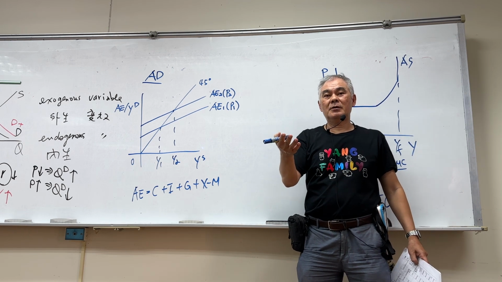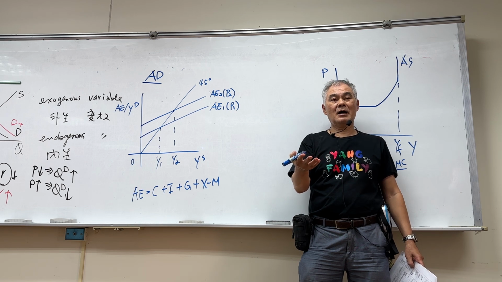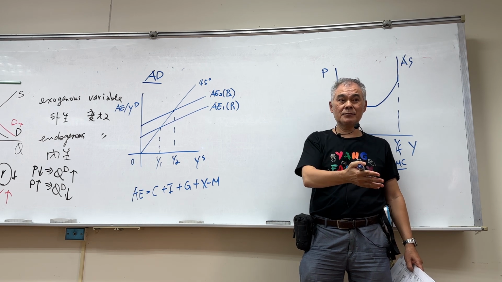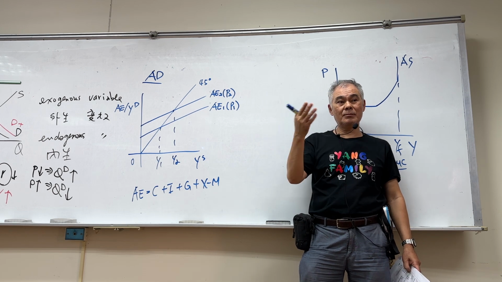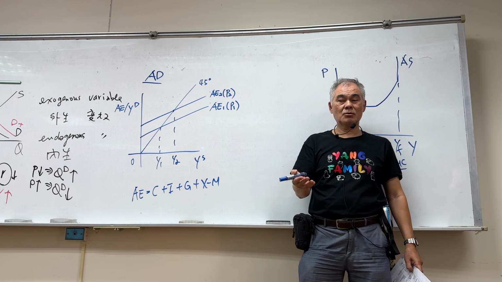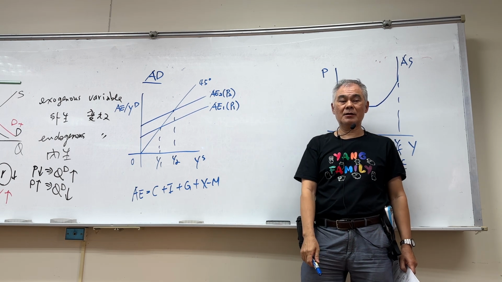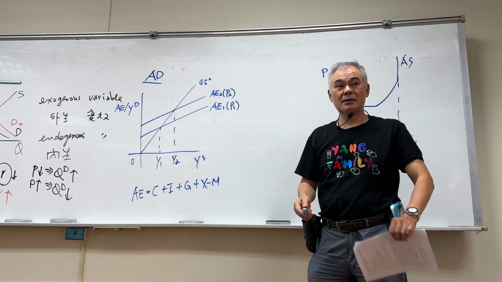Let us say a lunchbox is $50, and now it becomes $100. More expensive. So when price level goes up, actually the real production is smaller, right? So P1, P2, which one is higher? P1 is higher, okay?